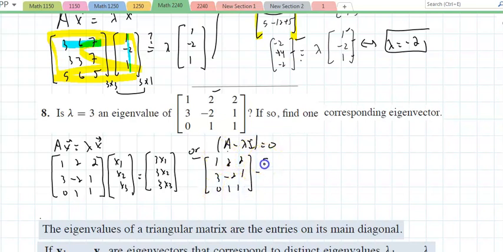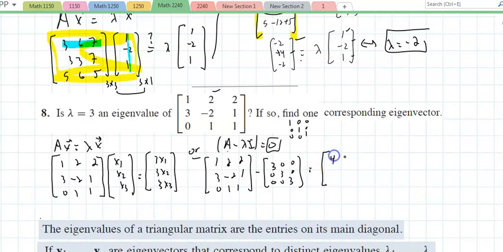Minus lambda times I. Well, I is 1, 0, 0, 0, 1, 0, 0, 0, 1, right? If you multiply by 3, that's 3, 0, 0, 0, 3, 0, and 0, 0, 3. Remember, I'm setting this equal to 0, but I'm not going to write that down. I'm just going to find this matrix and reduce it. You could make it augmented and set it equal to 0 and solve.